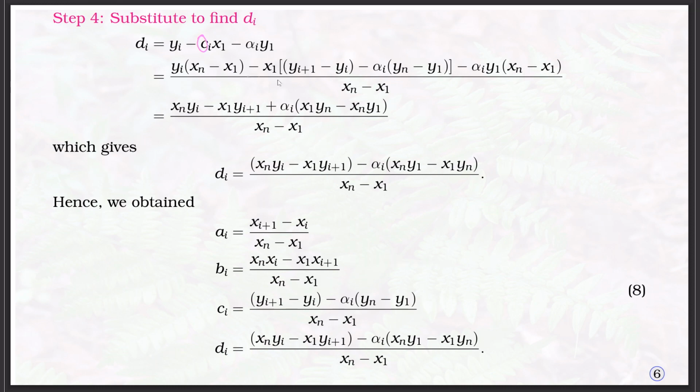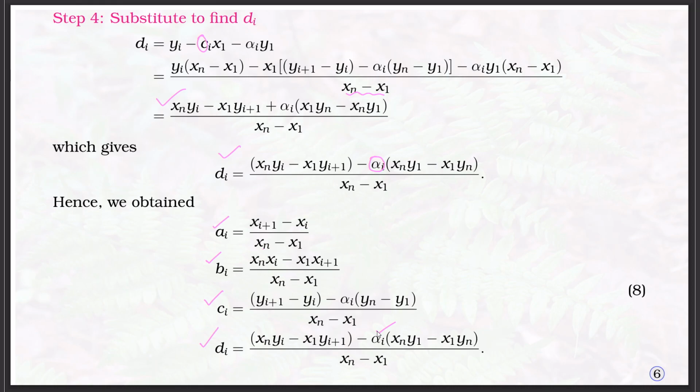Now just replace the Ci value and take the common term xn minus x1, then finally one can get this one, which gives the Di value. Here Di also depends on alpha i, and one can observe that for finding Ai, Bi, Ci, Di, we are dividing all the numbers by xn minus x1. That means we are just dividing by the whole interval length.